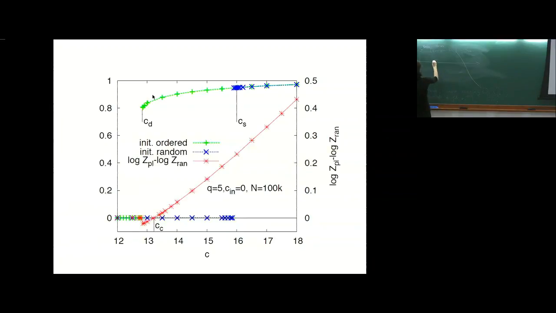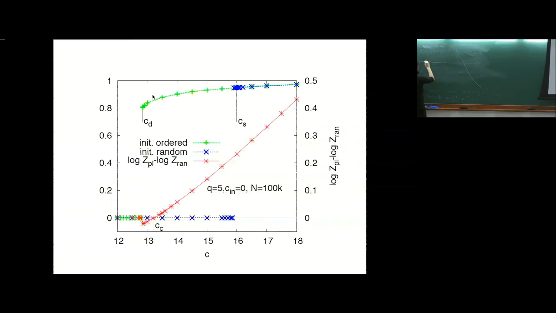I define these three points, C_d, C_c, and C_s. This one is when this non-trivial fixed point appears. This one is when this difference between free energies becomes positive, and this one is when this paramagnetic fixed point disappears. I will postpone the explanation of this one by 15 more minutes.